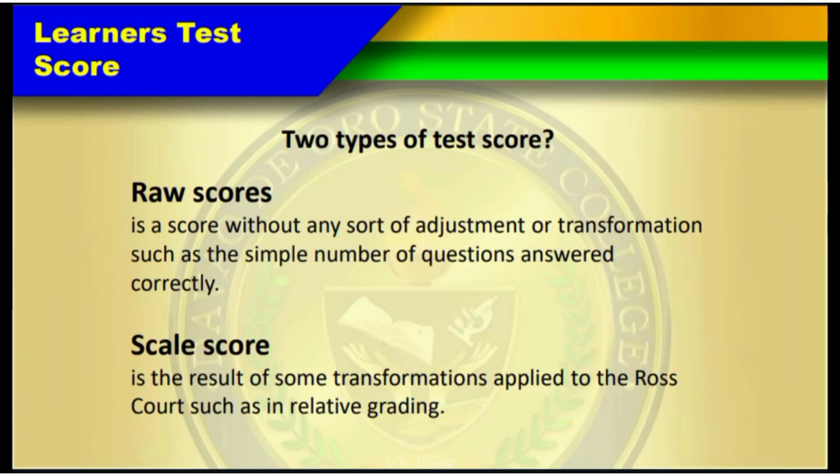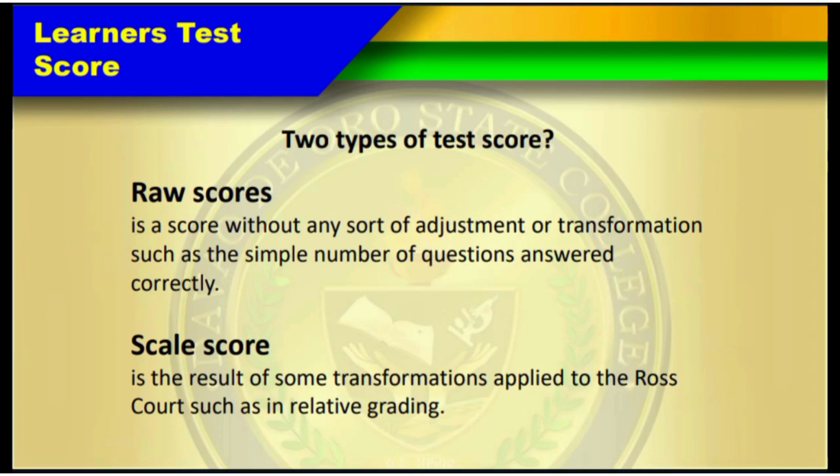So we have here two types of test scores. First is raw scores. It's a score without any sort of adjustment or transformation, such as the simple number of questions answered correctly. For example, a student answers 20 out of 30 questions correctly on a math test.